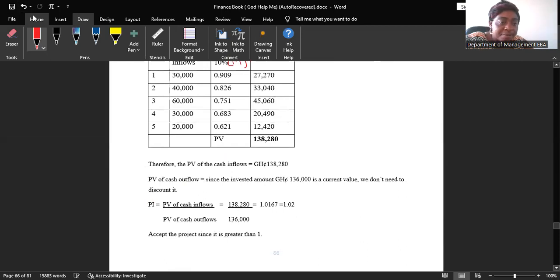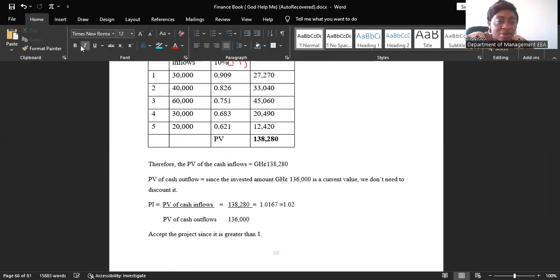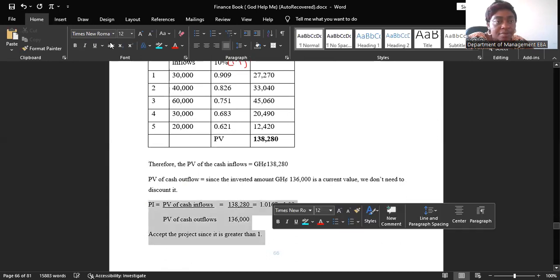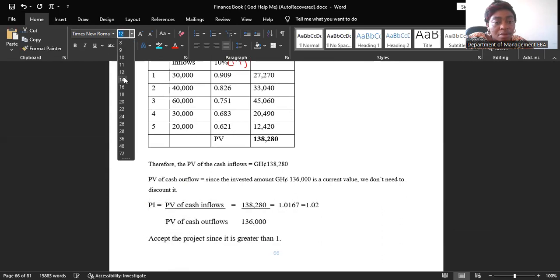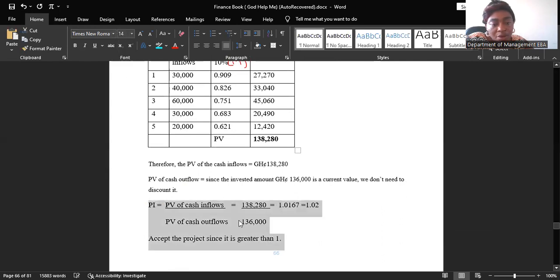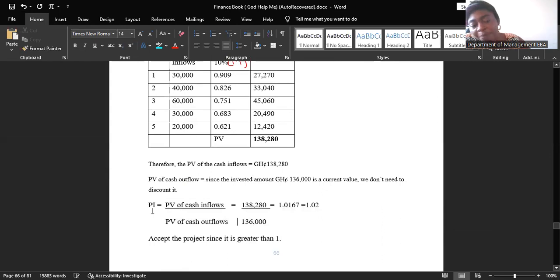Now, after you've gotten the present value of the cash outflow, the next thing is to pick our formula and insert the values. So our profitability index is going to be the present value of cash inflow over the present value of cash outflow.